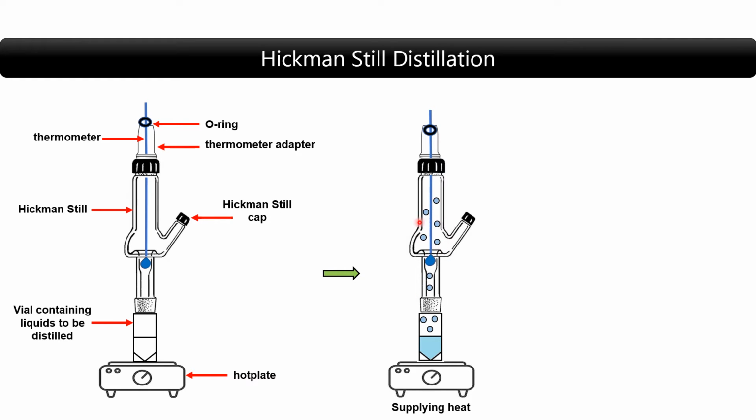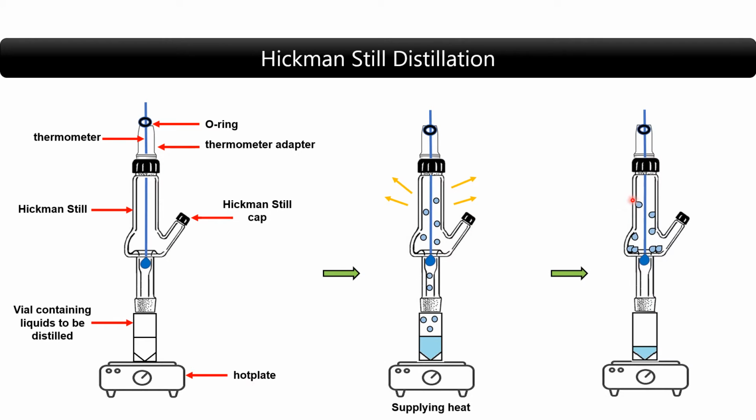Once these hot vapors reach this bulb part, the heat from those vapor molecules is diffused to the surrounding air, and that causes those vapor molecules to cool down and condense, forming little droplets, and those droplets fall down across the glass wall and collect in those little grooves.